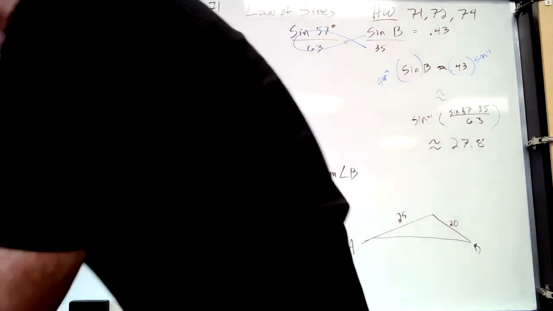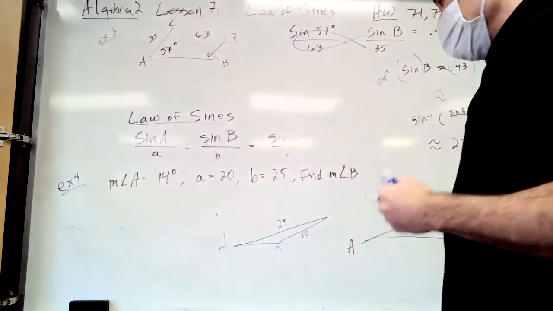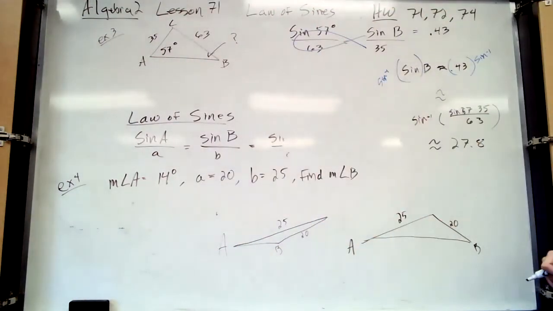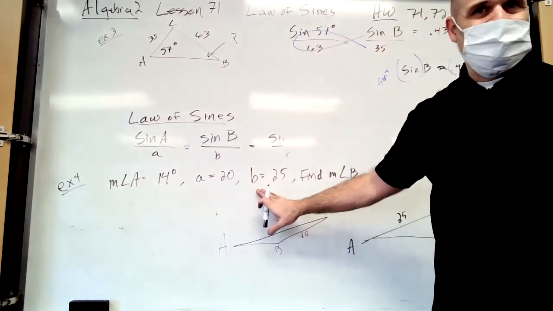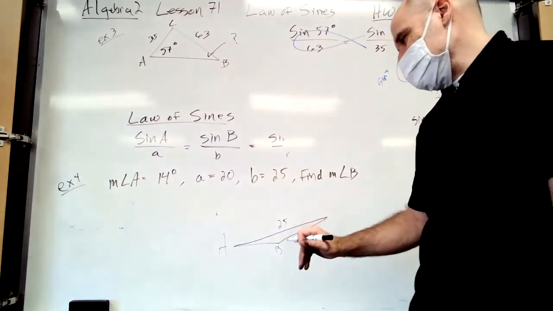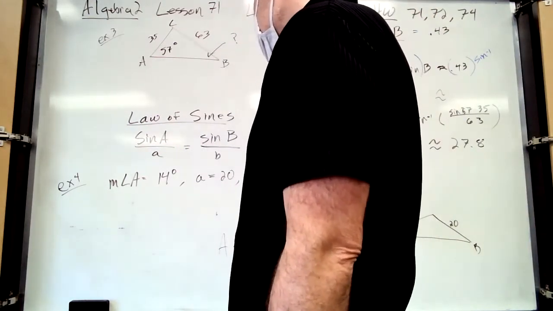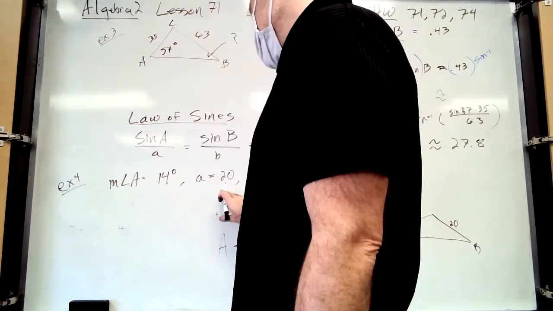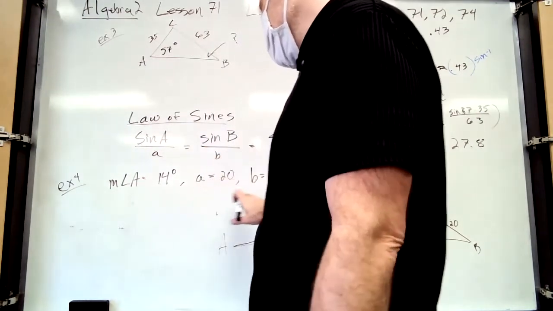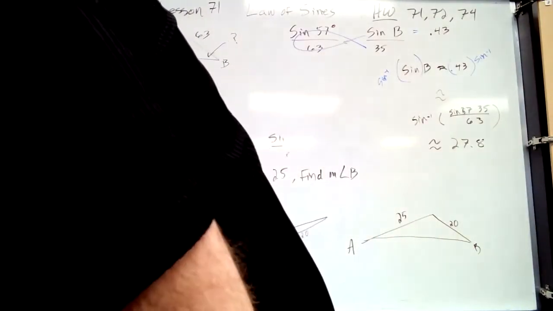Okay, so here's why you have to do this, because the opposite side of the given angle is less than the other side. So if the opposite side of the given angle is less than the second side, then there could be two possible answers.